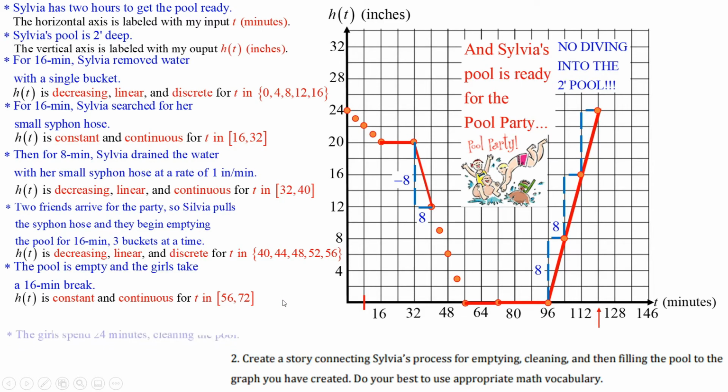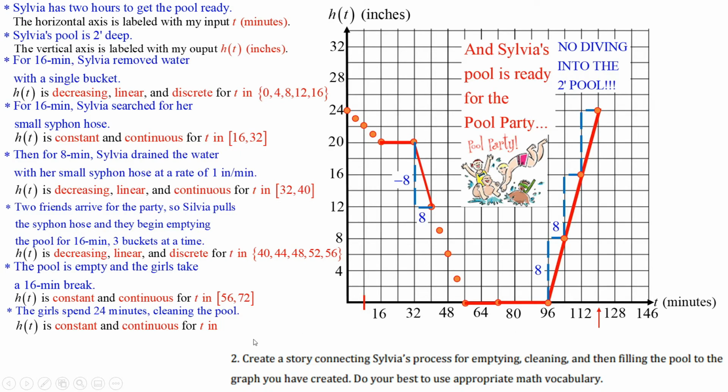Very cool. All right. Then the girls spend 24 minutes cleaning the pool. So again, while they're cleaning the pool for 24 minutes, it's still empty. So h of t is, and again, that's horizontal, so we're still constant. It's still continuous. And now I just need that time interval. So t is in, and again, t can equal that value and that value at the 96.